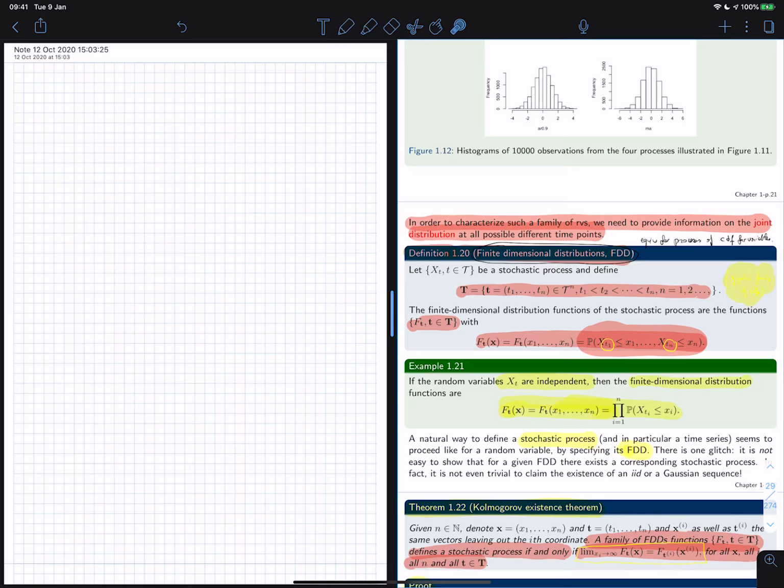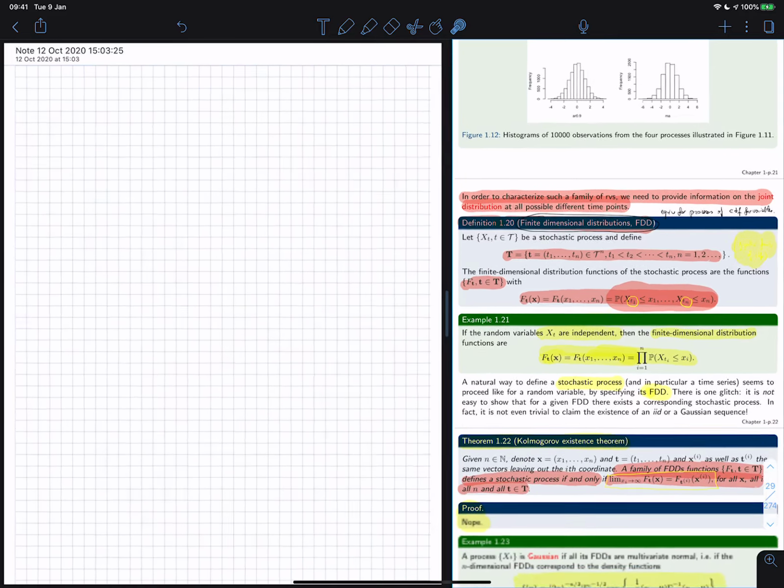So you have a stochastic process, then for any n, for any t1 to tn, you look at the functions F_t. This gives you a gigantic family of functions, which are called the FDDs of a stochastic process.